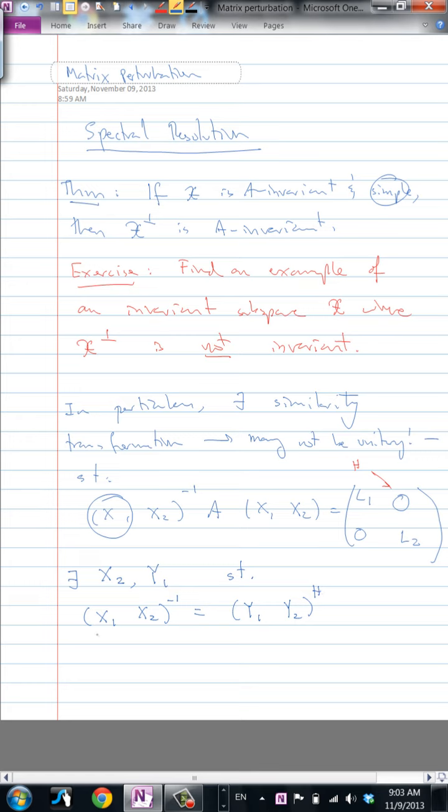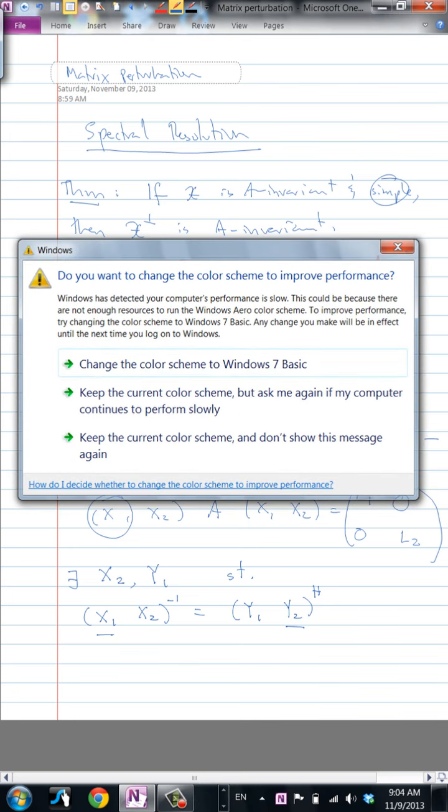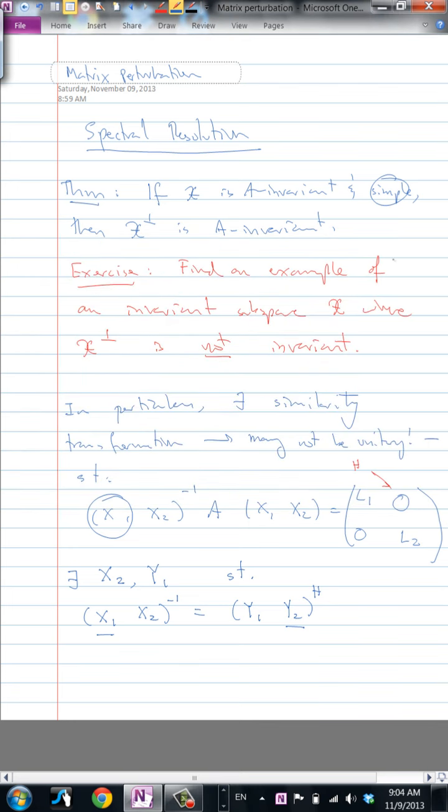So recall that we had started out with an x1 and its completion to a basis for the entire space by y2. And so now this theorem says that there exists a y1 and an x2. And this is what's called the spectral resolution. So for this choice of x1, x2, y1, y2, we can write that A is equal to x1 L1 y1 transpose plus x2 L2 y2 transpose.